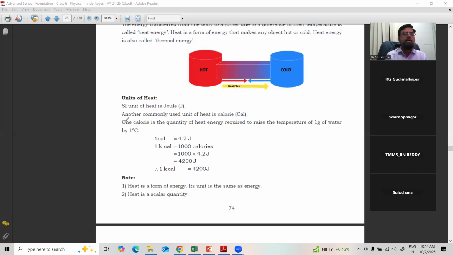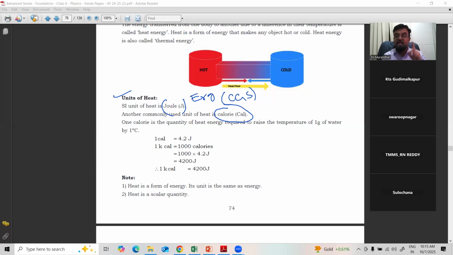Then, unit of heat. As you all know, heat is a form of energy only. So it is measured in joule. Joule is the unit of heat, or even erg in CGS. Joule or erg, right? Another common unit of heat is calorie, because heat is studied under the heading of calorimetry.